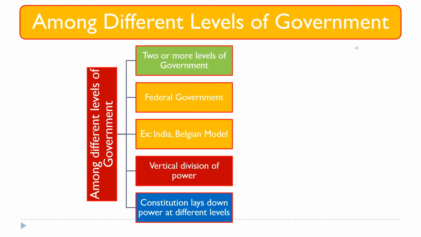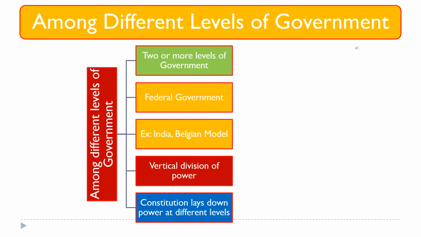So we have arrangements like central government, state government, local self-government. These are examples of federal government or federalism. Here we can see that power is shared among different levels of government.